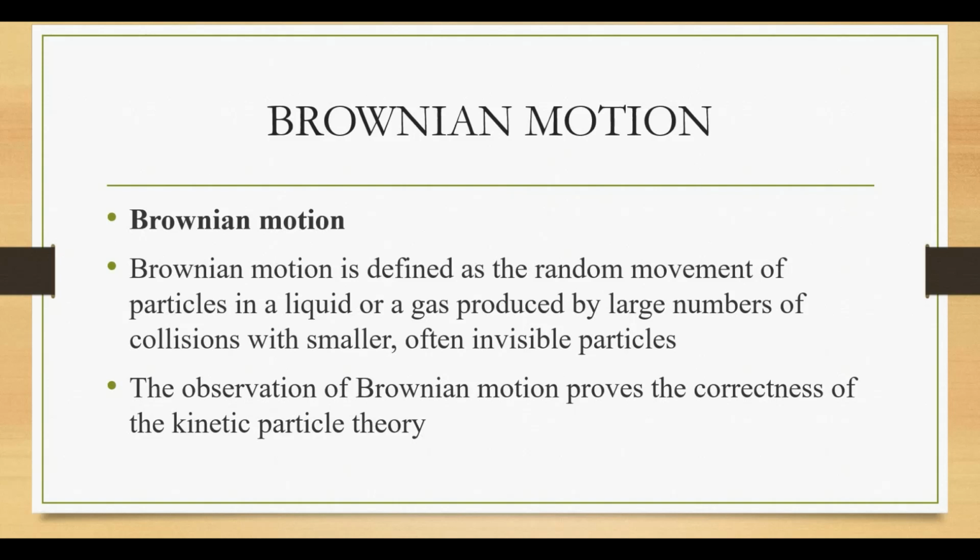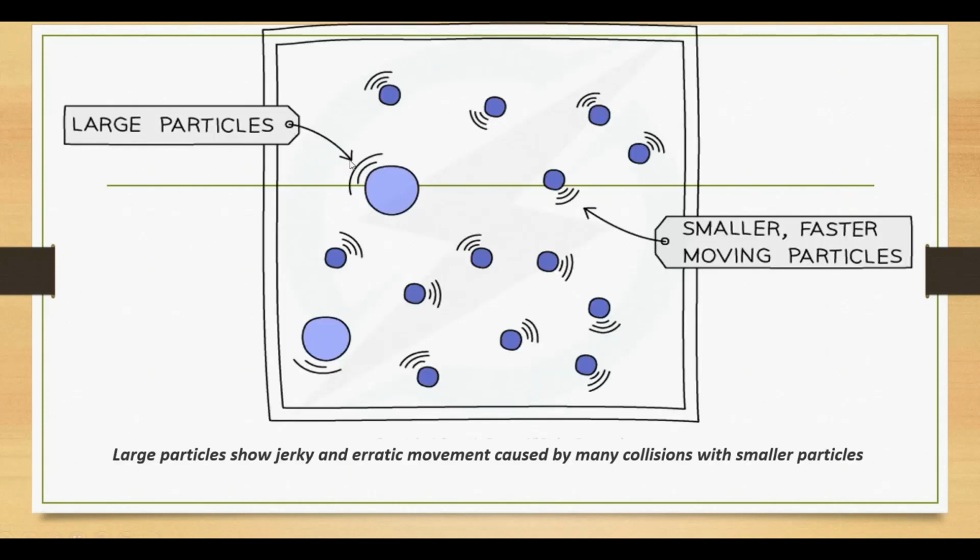This observation of Brownian motion proves the correctness of the kinetic particle theory. Let us give you an example of how it works. We can see here these large particles showing jerky and erratic movement. They are being caused to show this movement by multiple collisions with smaller particles.